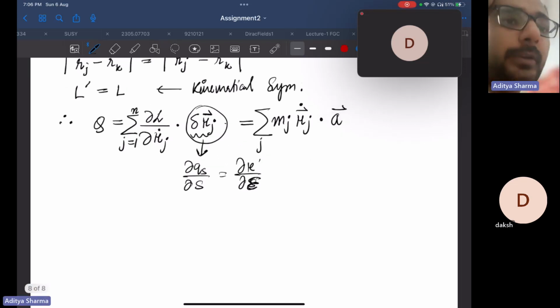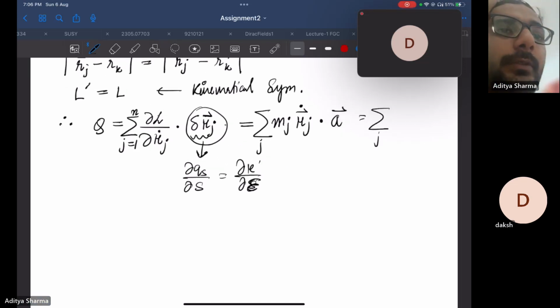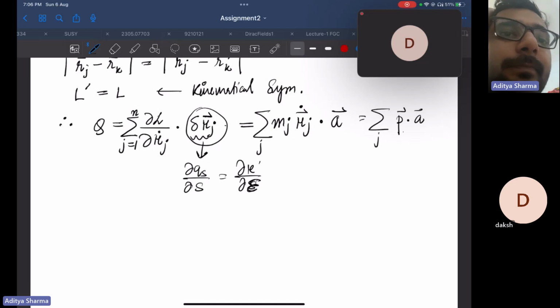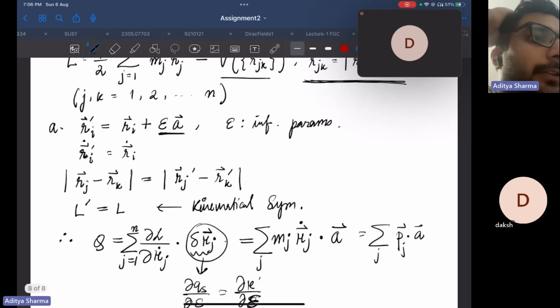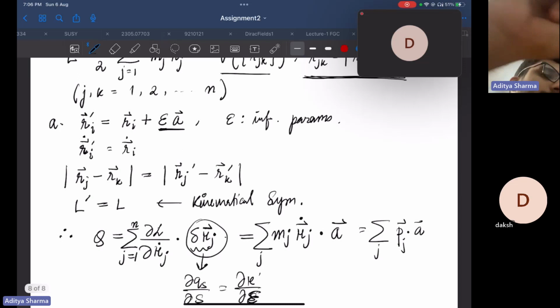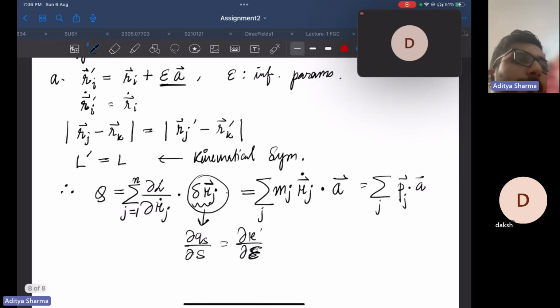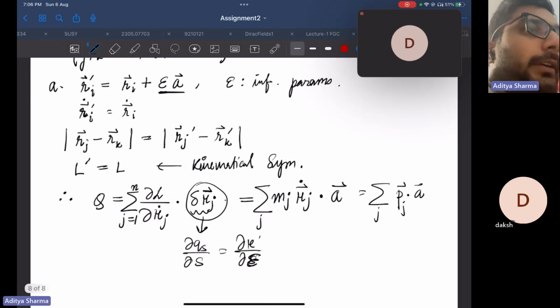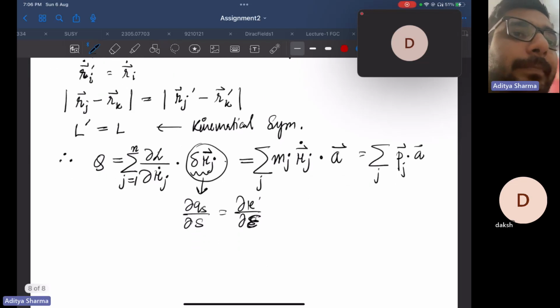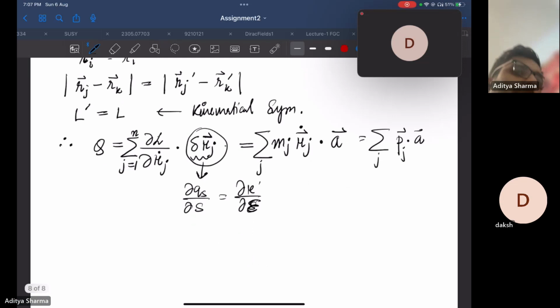And this is nothing but momenta. We are just saying the total momenta along the direction wherever you are changing, along the direction of this Ri, is being conserved.